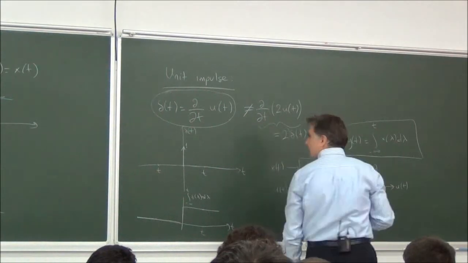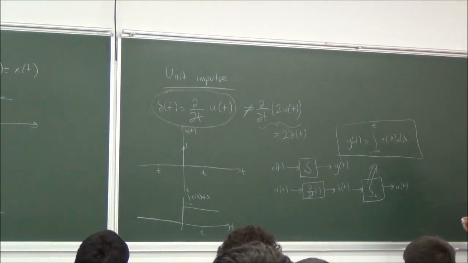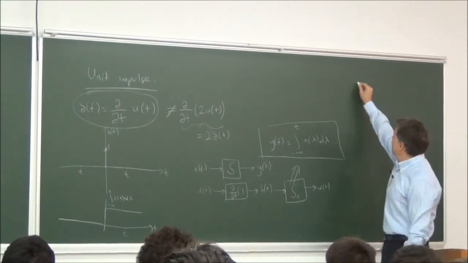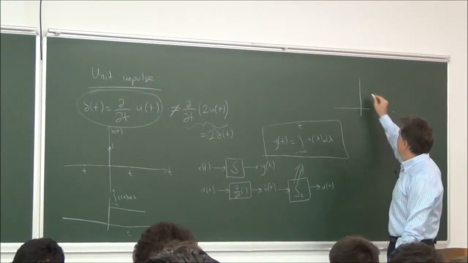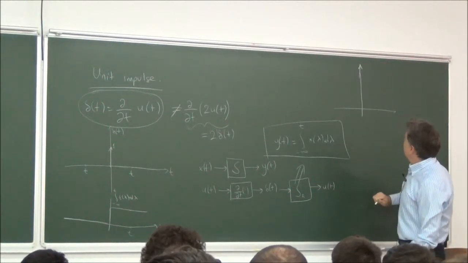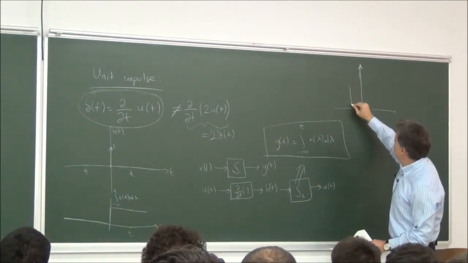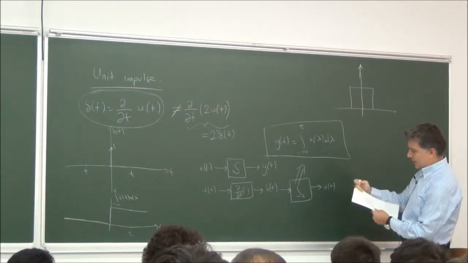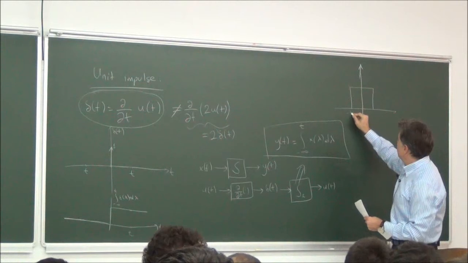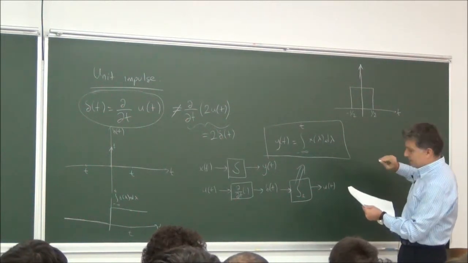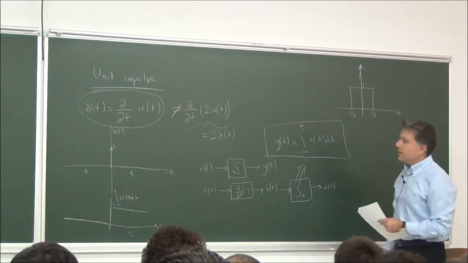Now let's come back and talk a little bit about the area under the impulse. On this axis, I will start by this particular rectangular box shape, which is from minus half to half. This is the time axis, and the peak value is 1.